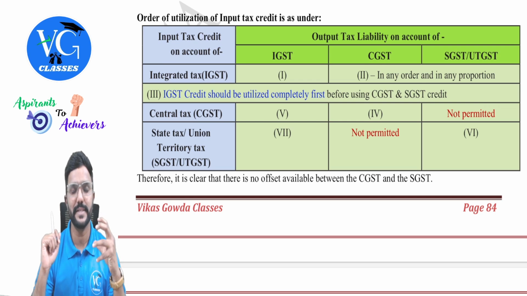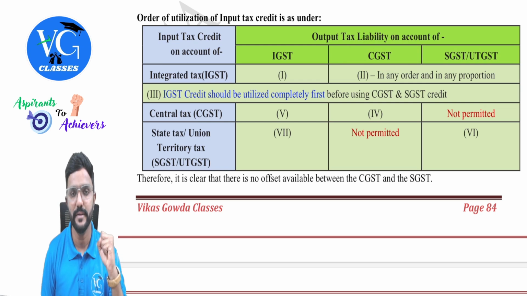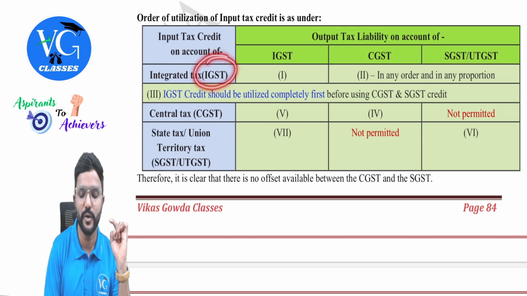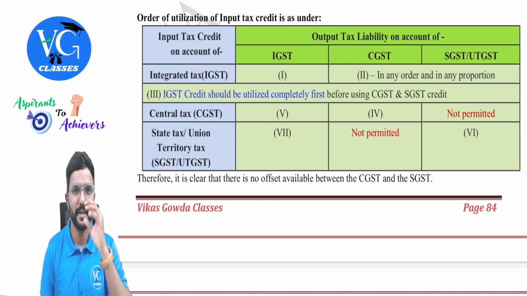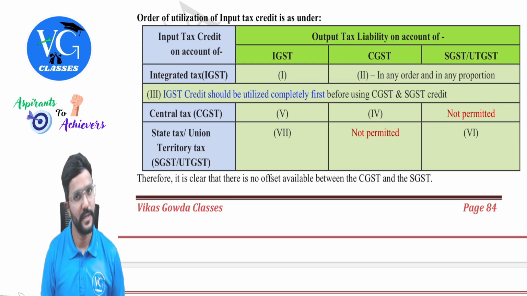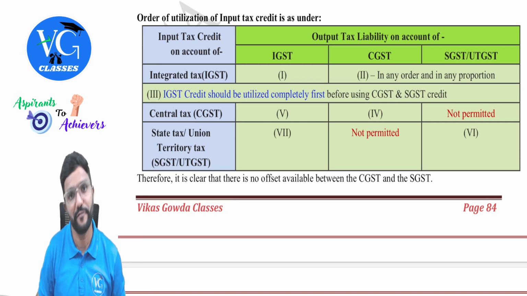In that case, whatever amount of IGST credit I have used to pay CGST liability, an equivalent amount will be transferred from the IGST account to the CGST account. By whom? By the central government. Even though it is managed by the same government, still they will transfer the balance from one account to another account, yes sir, for proper accounting. And this is the responsibility of the government as per section 53.